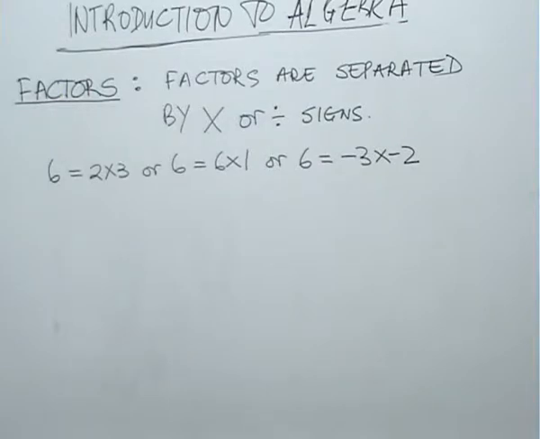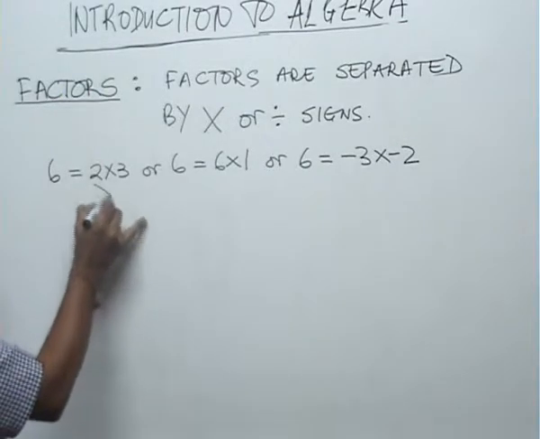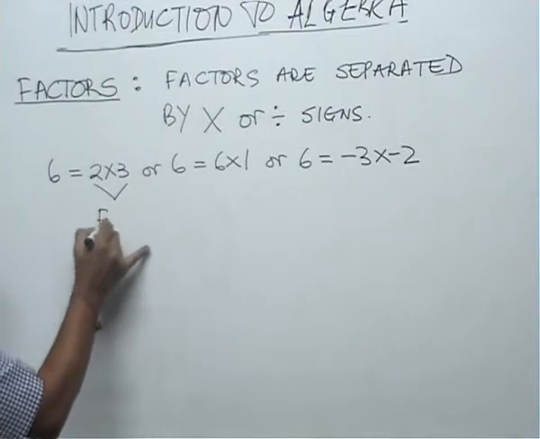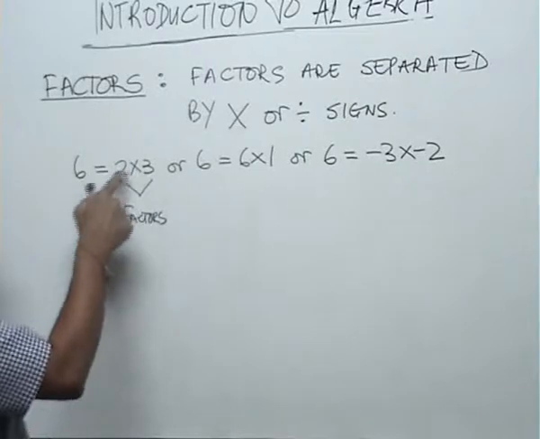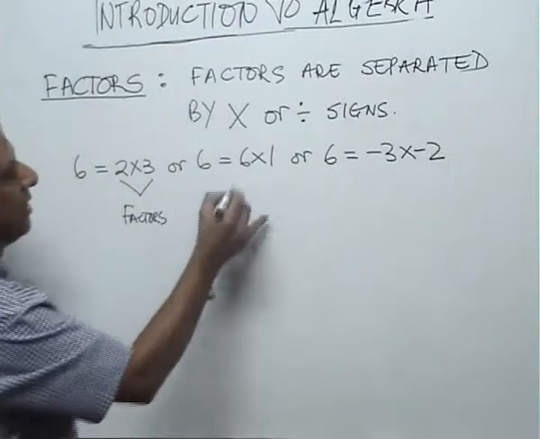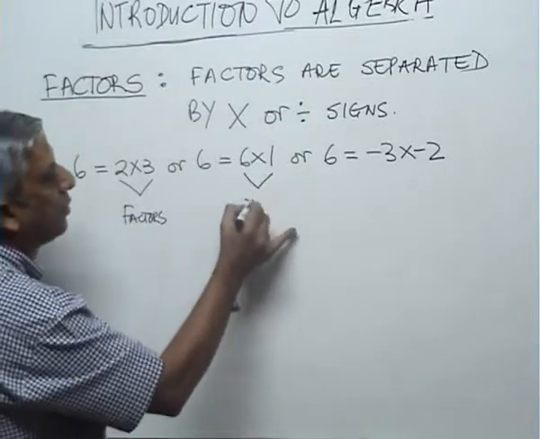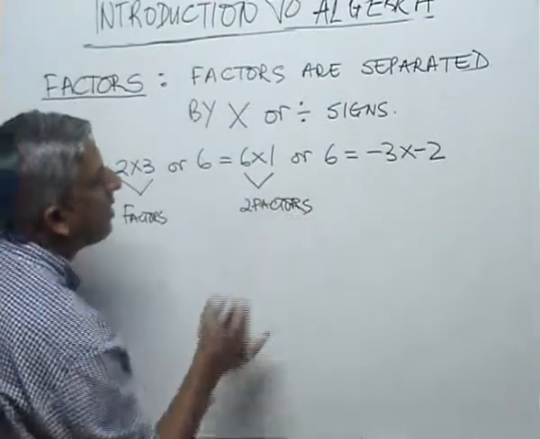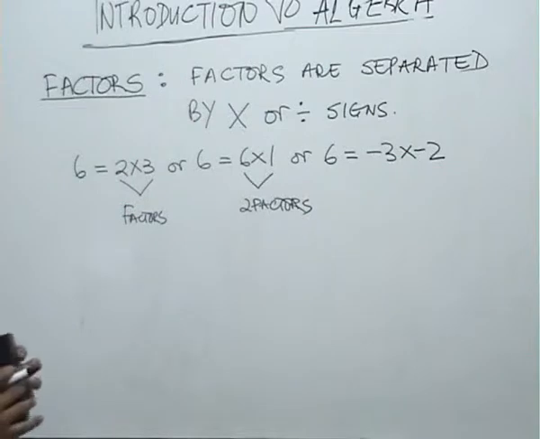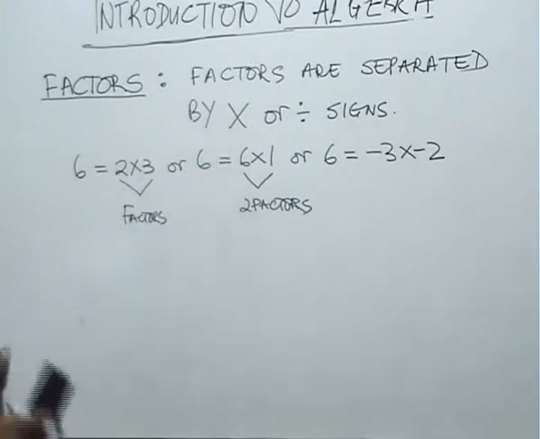So, now, these are factors. So here we have two factors because they are separated by a multiplication sign. Here we have again two factors. So factors are separated by multiplication or division signs. Most of the times they are separated by multiplication signs.